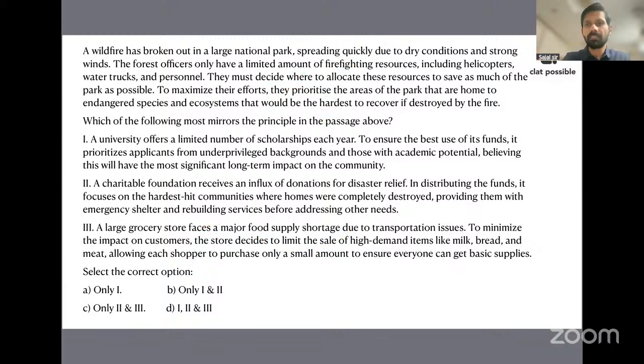So this is an AILET PYQ. I don't exactly remember the year, but as I said, it is after AILET 2020. I think 2022 or 2023 or 2021, one of these years. But certainly AILET PYQ.